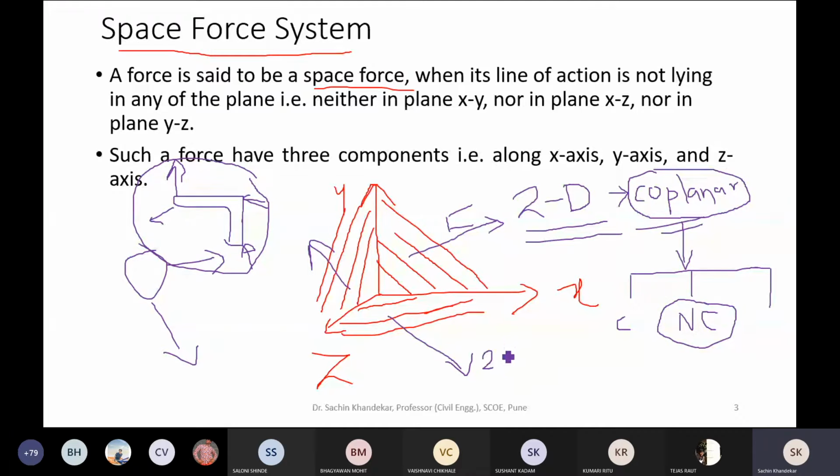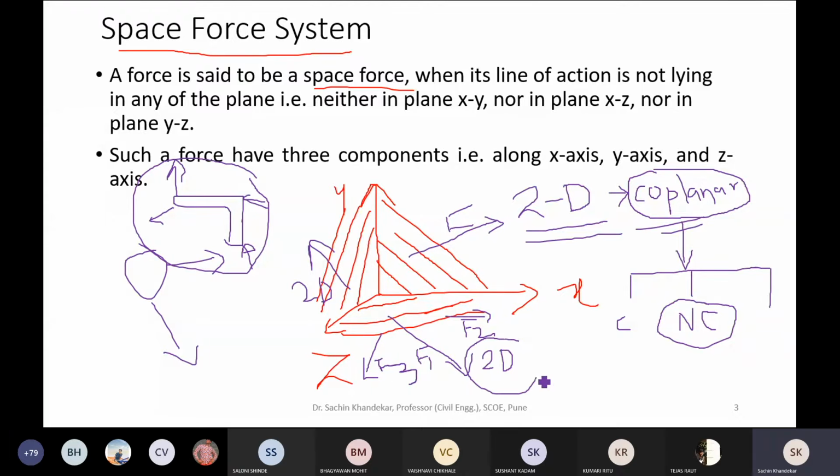All this is called a two-dimensional or coplanar force system. Suppose these are n number of forces, force F1, force F2, and force F3. All these forces F1, F2, F3 are lying in the xz plane.